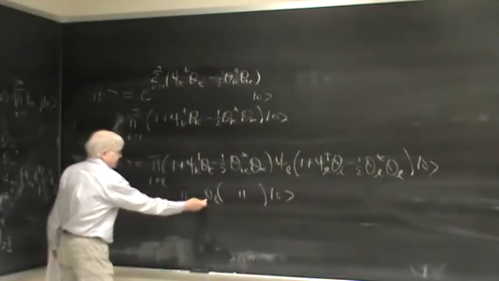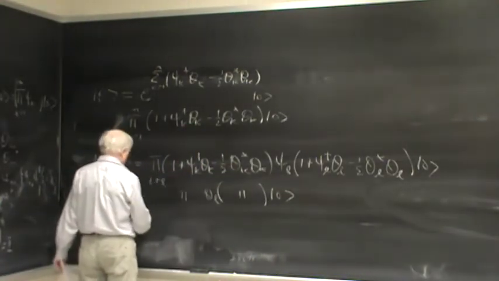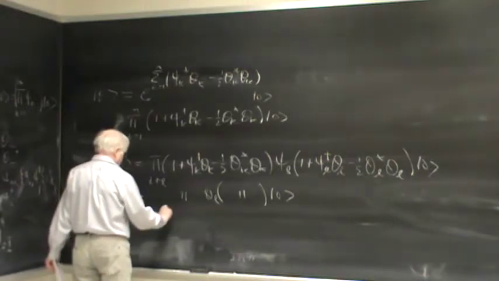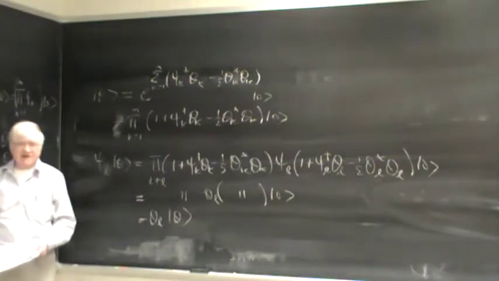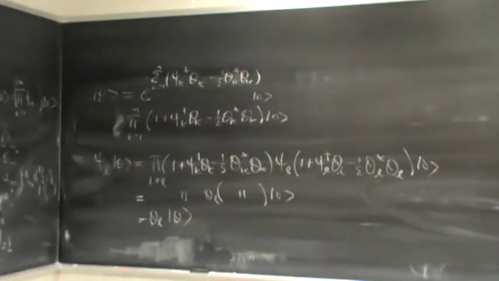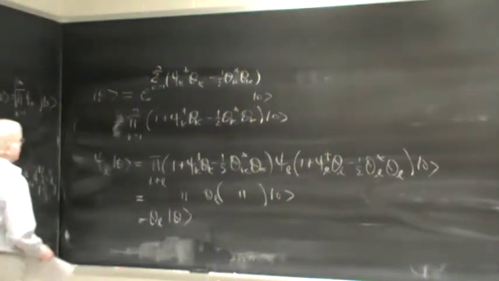Now we can pull this guy through all these bosonic variables, and what we get is θL |θ⟩. So this fermionic coherent state is also a coherent state for all of these fermionic variables.